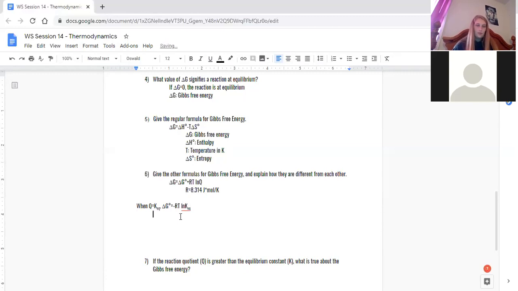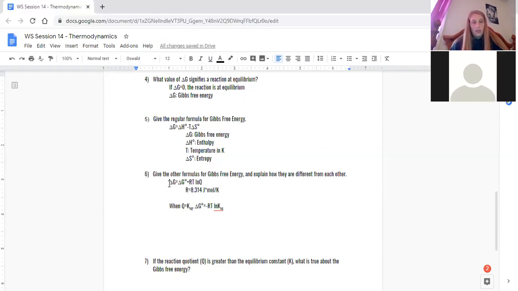So if you remember, Q is the same thing as KEQ, except K is at equilibrium and Q can be at any point in the reaction, regardless of whether or not it's at equilibrium. And so this is saying that whenever it's at equilibrium, which is why we can use KEQ here, we can use this equation. But because it's not at equilibrium, this is when we have to use it here.